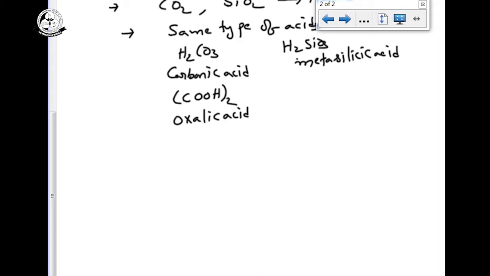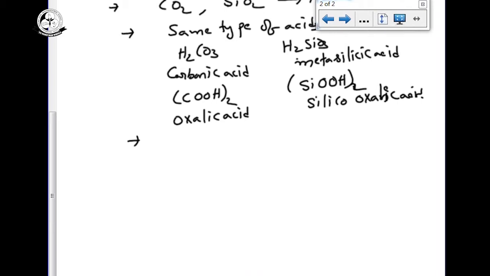Instead of carbon, I am placing silicon 2 times. The name of this compound is silico-oxalic acid. So both can show the same type of acids.